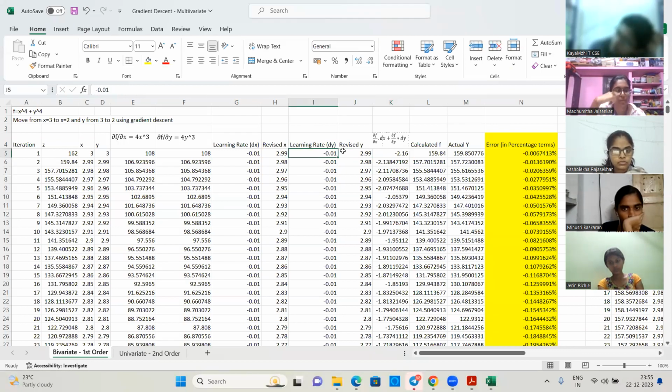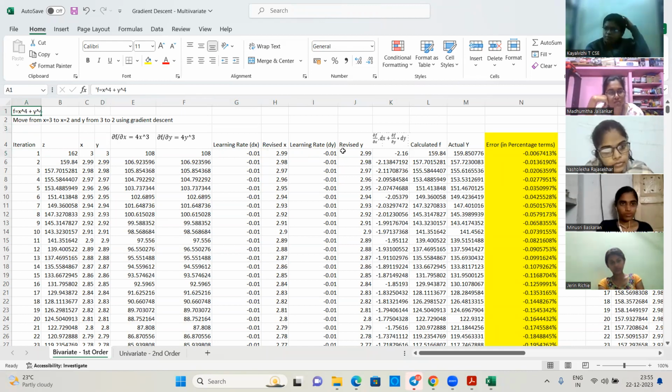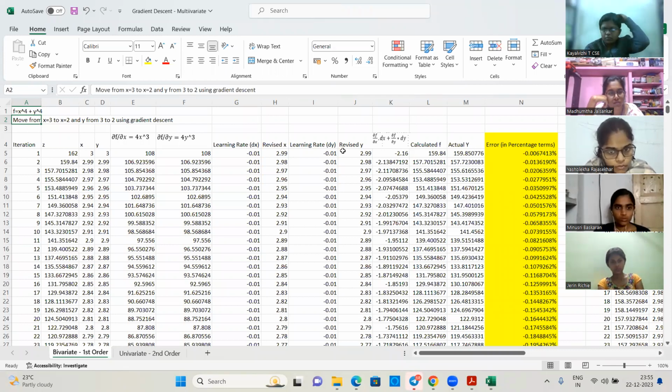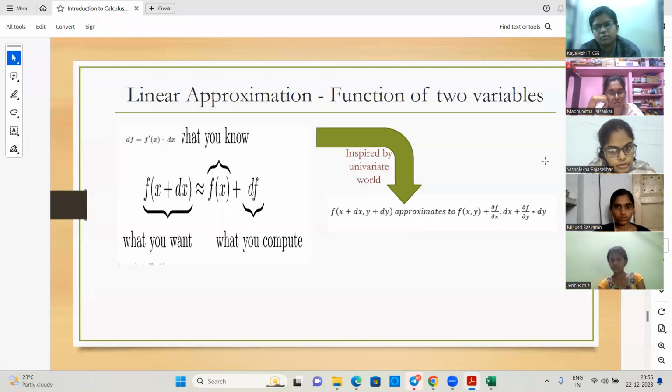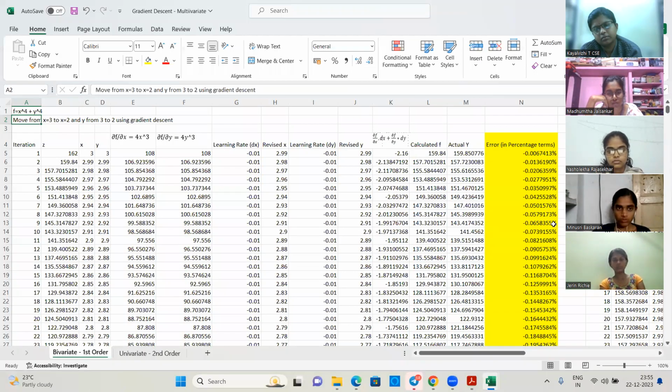I take a function x⁴ + y⁴. I start from 3. I move over to 2. So essentially what I'm doing is I'm trying to replicate this formula here: f(x, y) plus ∂f/∂x into dx plus ∂f/∂y into dy.